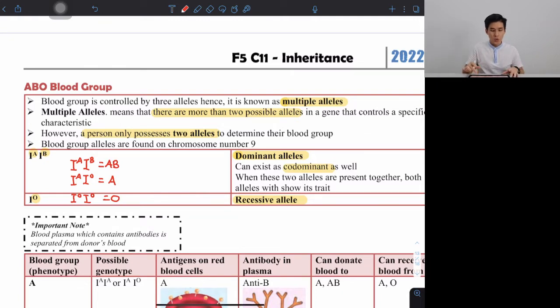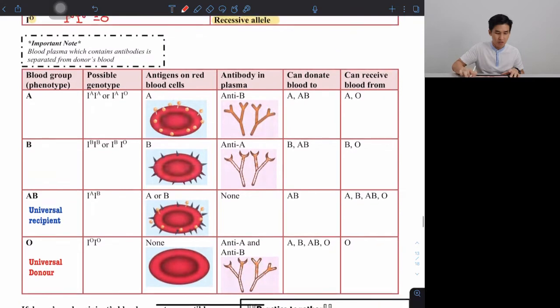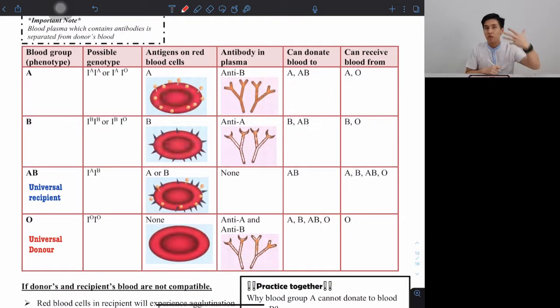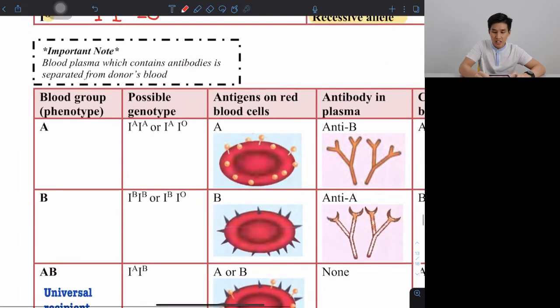Understand? As you can see here, for all the different blood groups, here are the different possible genotypes. For blood group A, since it's a dominant trait, you can be either AA or AO: 2 dominant, or 1 dominant and 1 recessive. As we mentioned previously, for IA IA, both are the same allele, and we call this a homozygote.